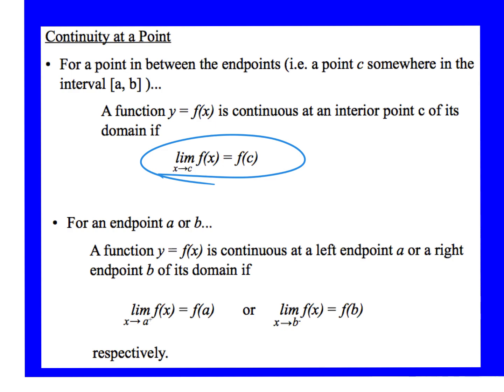However, we're going to talk about one-sided limits a little bit more. So if I have a segment and I go from A to B, can I do a limit as x approaches A? No, I can't. Because it's an endpoint. However, if I do a limit as x approaches A from the right, can I do it?